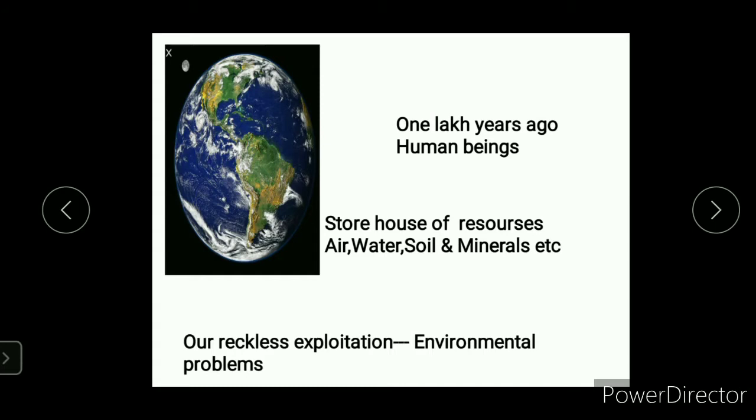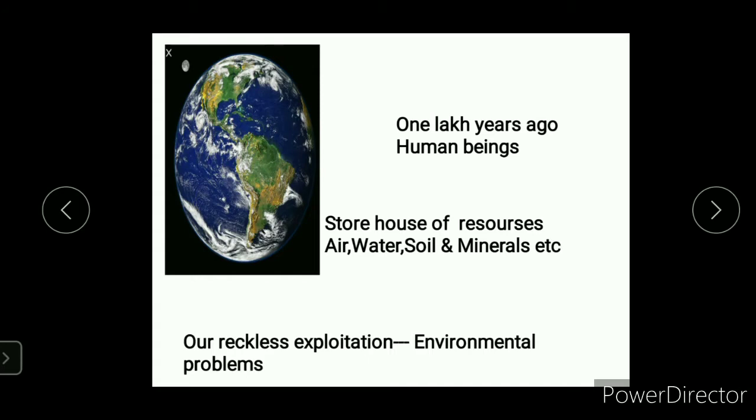So in the process of making our life better, we started exploiting Earth indiscriminately. In the sense that when agriculture started, we needed irrigation.